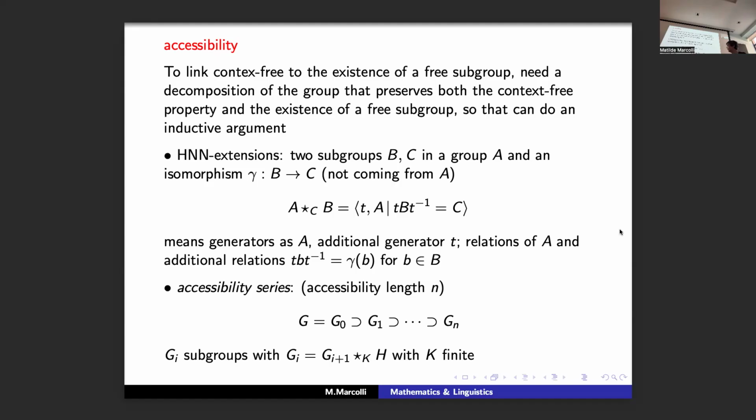And then an accessibility series for a group is a chain of subgroups where each one of them is obtained in this way from the previous one by something which is a finite group extension. So at each step you're growing by a finite group.